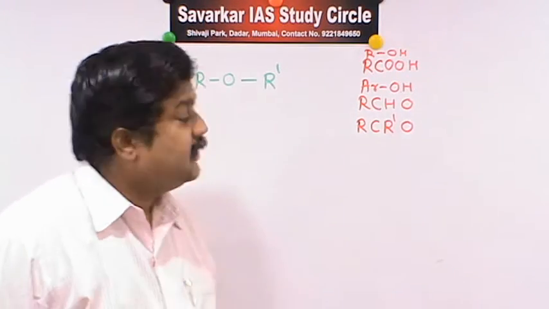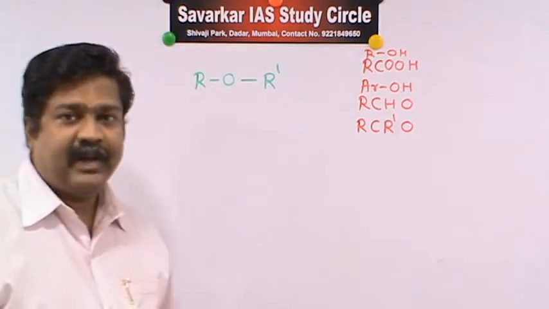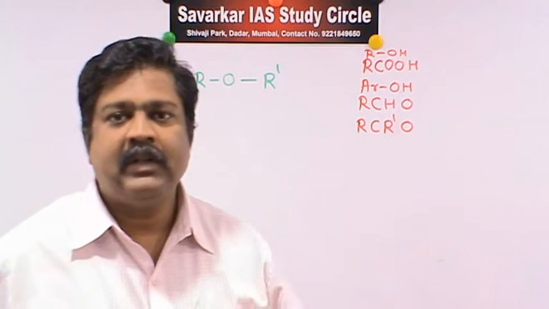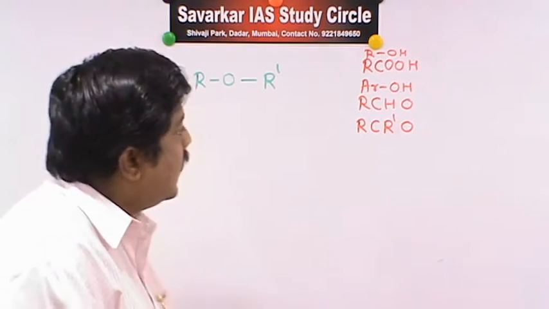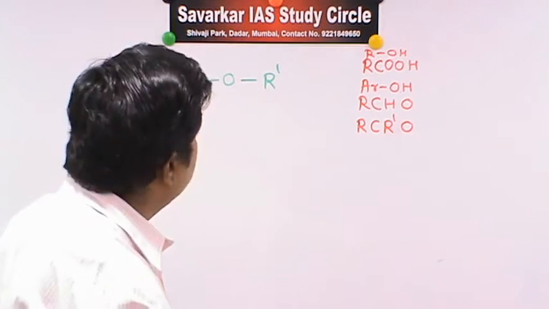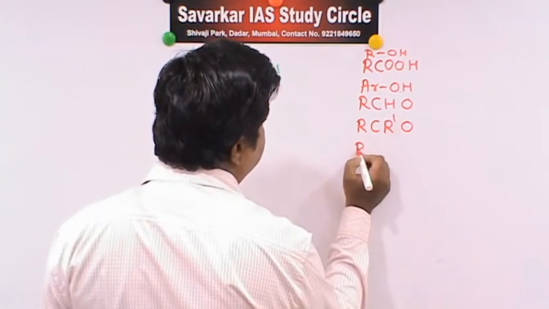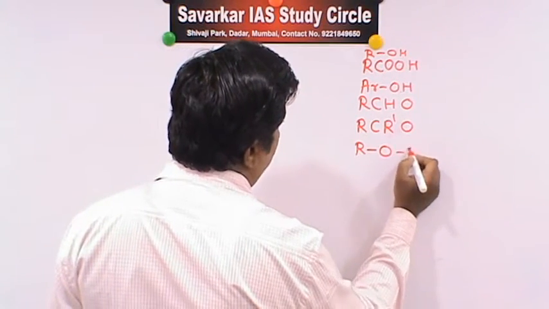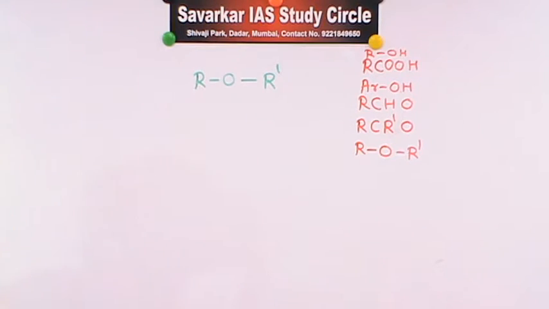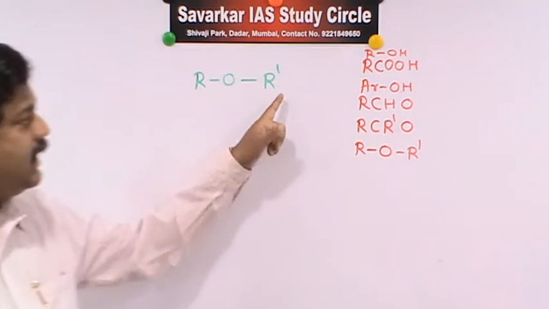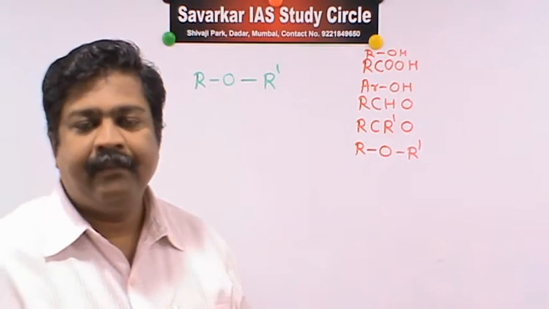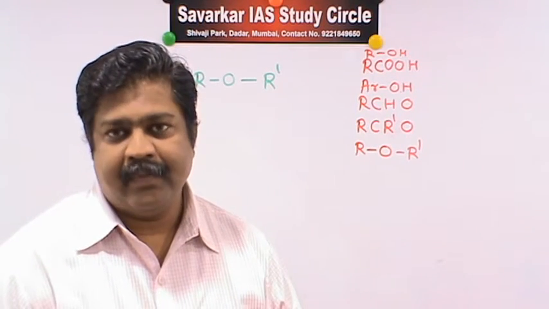This ether is a highly inflammable, highly reactive substance. So I am discussing this functional group in some detail. This is R, O, R dash. We call this ether, whether R and R dash are same or not.